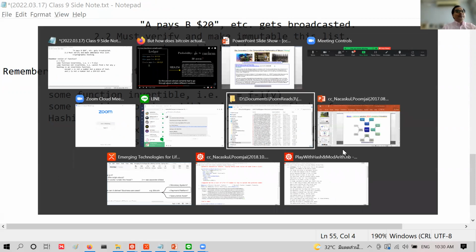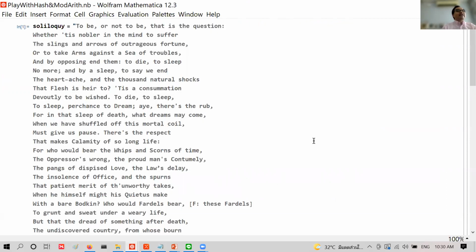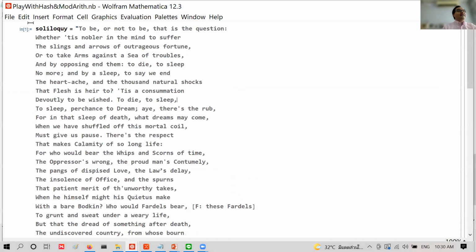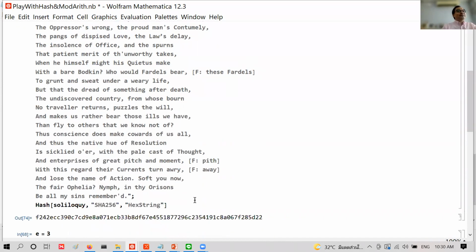Let's go to here. This is a very famous piece of text, that soliloquy: To be or not to be, that's the question. This is the text. I'm going to take this as my x, and this is my function.